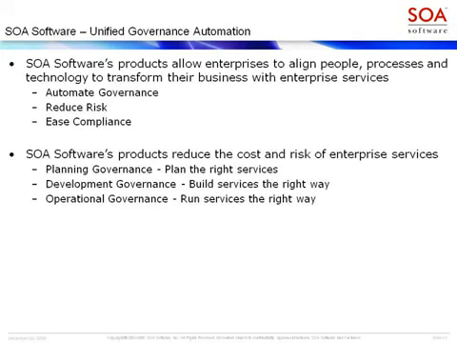And the key to aligning people and processes within your IT organization is to provide a framework and to automate and to govern the development of those services and the proliferation and consumption of those services. So ultimately, SOA Software's products enable this governance automation process. We reduce the risk of enabling SOA and bringing around a services orientation within your IT department, and we also ease the compliance of services within that larger governance framework.